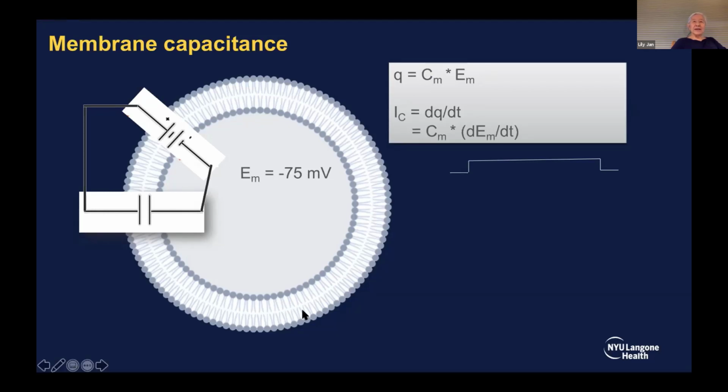And so here we have the charge accumulating on either side of the membrane. That's the product of the membrane capacitance and the membrane potential. And now if we change the membrane potential, we will see a change in the amount of charge that's on either side of the membrane, and that gives rise to the capacitive current.